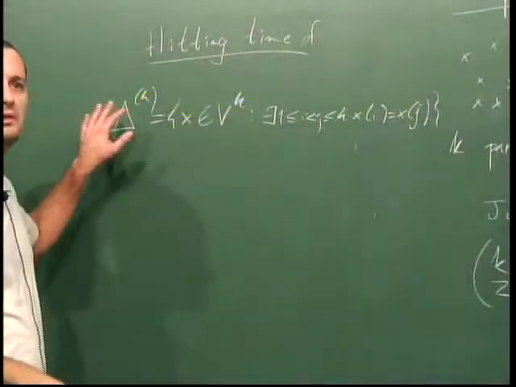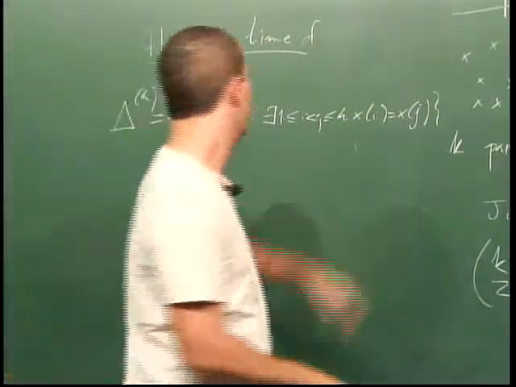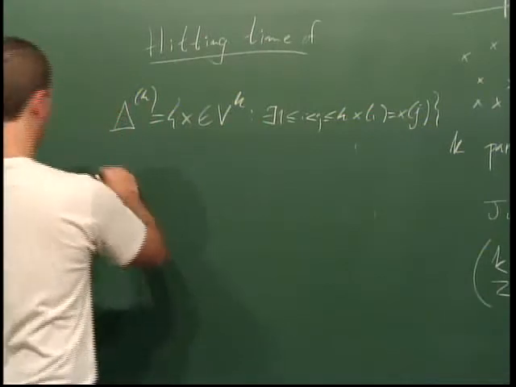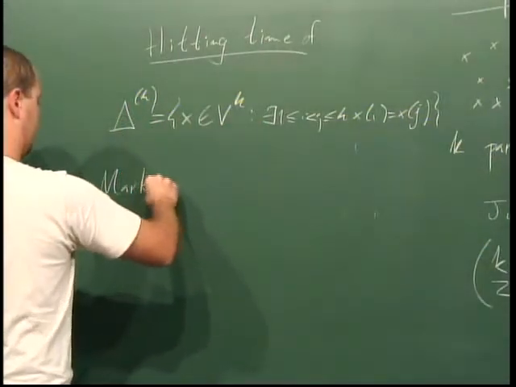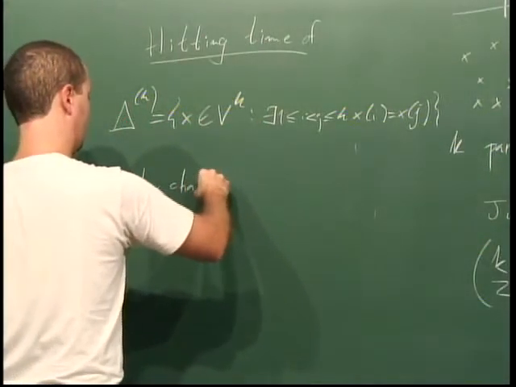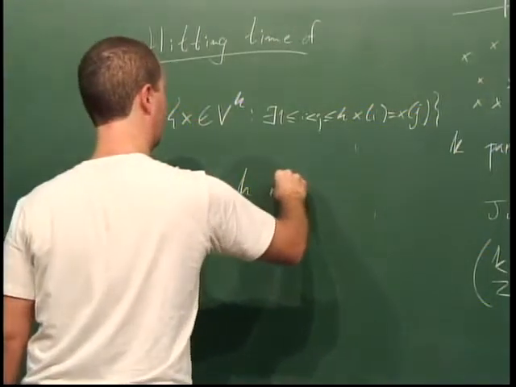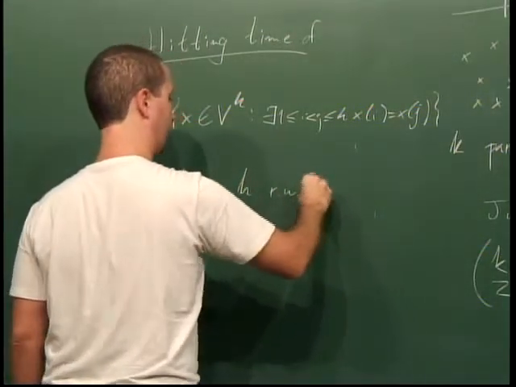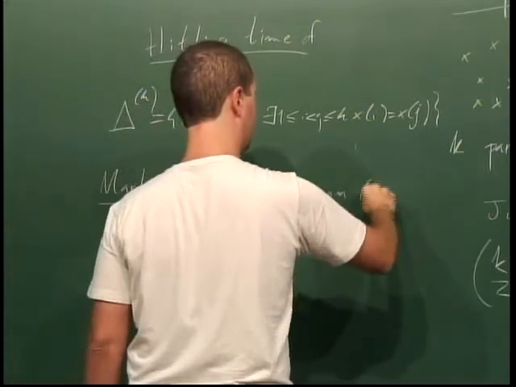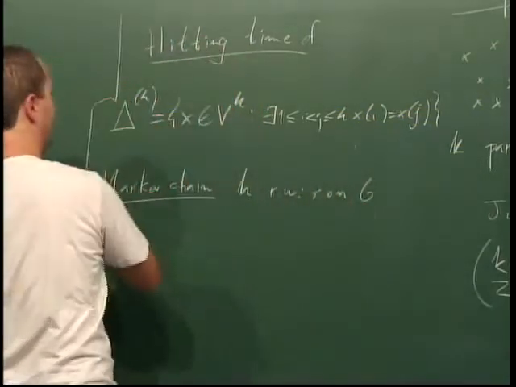The Markov chain is just k random walks on G, and let me forget about the index n.